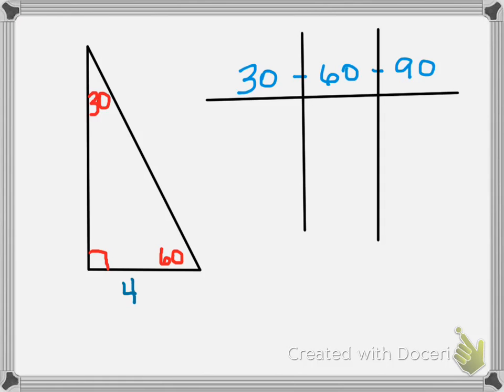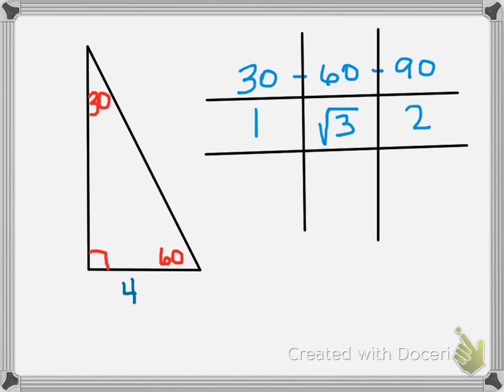We've got to remember what the ratio of a 30, 60, 90 triangle was. And the ratio was 1, square root of 3, and 2. So that's our ratio. Now, on our last column down here, we want to write out the side length that we know.